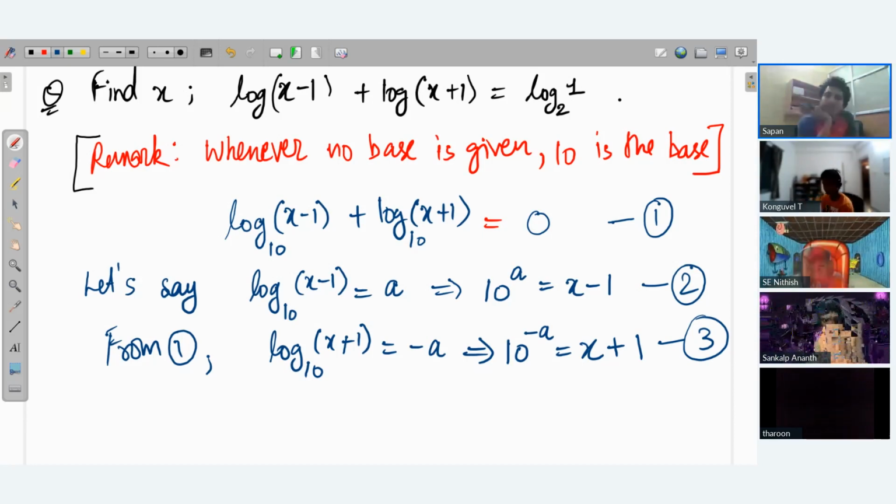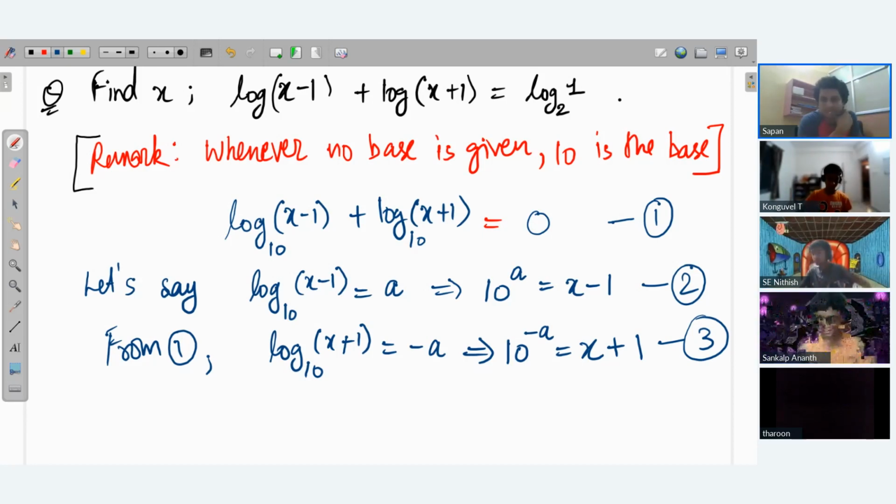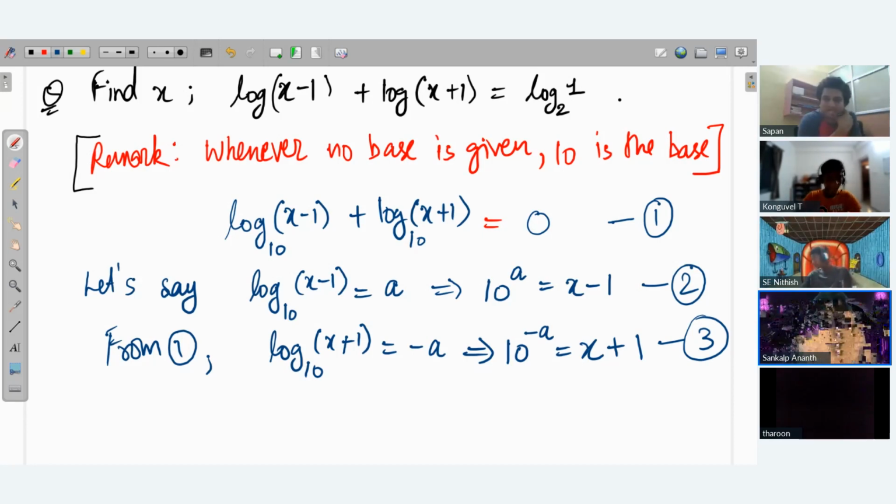So how do we solve for x? Sir, we change the minus a to plus a by adding a minus to the entire equation. Since we have three equations, I think we can do substitution, sir. 10 to the power of negative a plus 1 is equal to x.